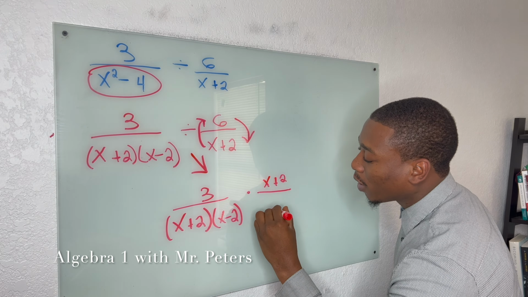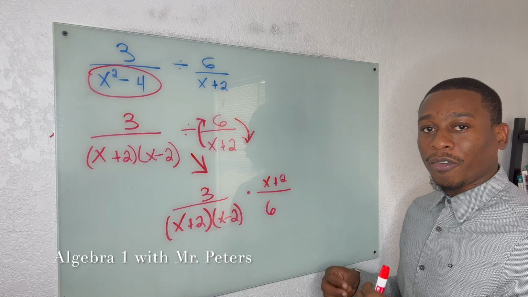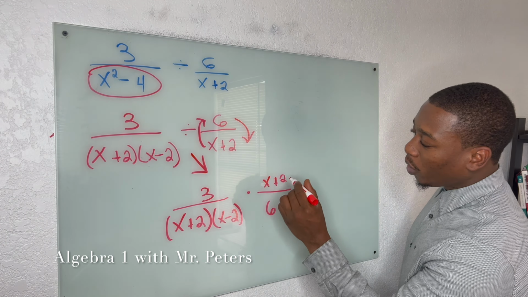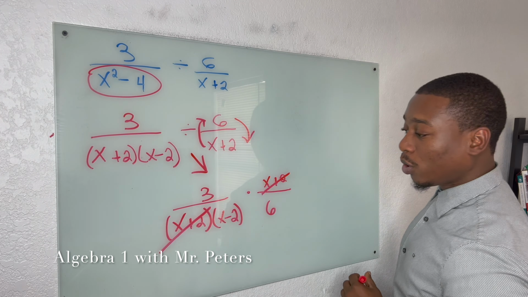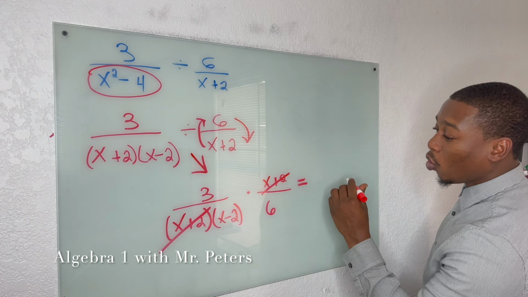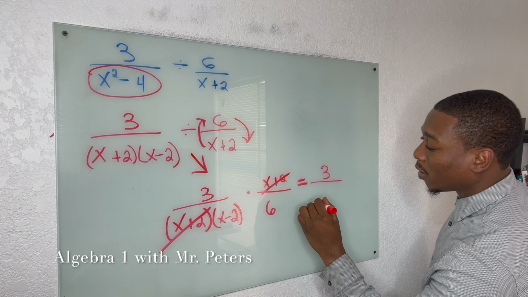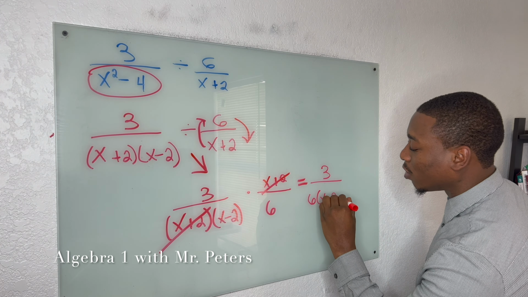Now, once we do this, we don't have to worry about multiplying and trying to find common denominators, common multiples. So now we cross cancel x plus 2, and now once we simplify this problem, we are going to get 3 divided by 6 times x minus 2.